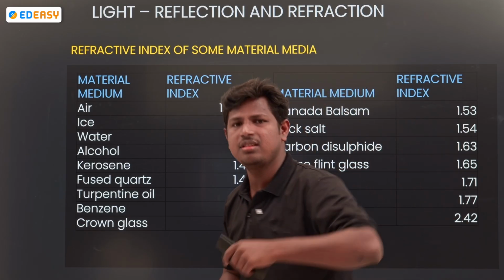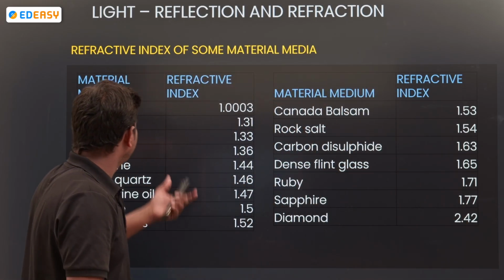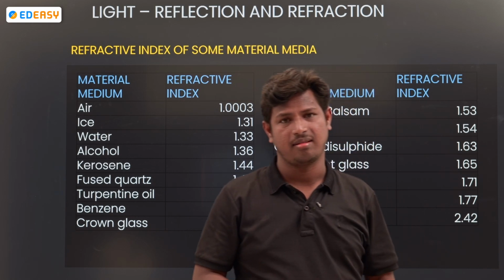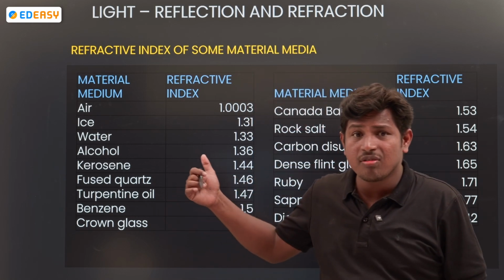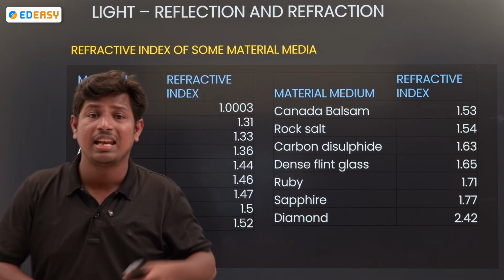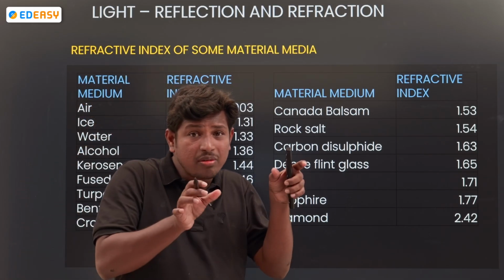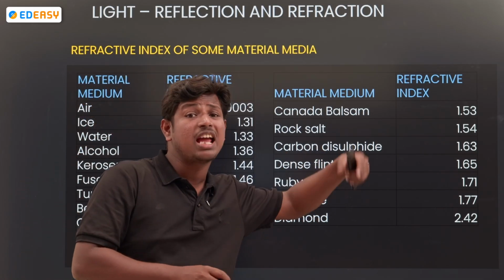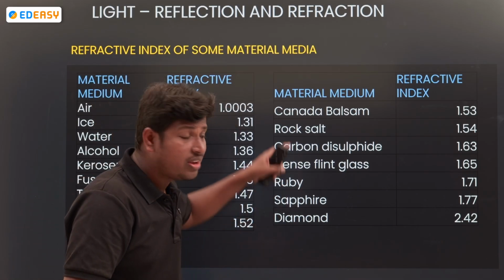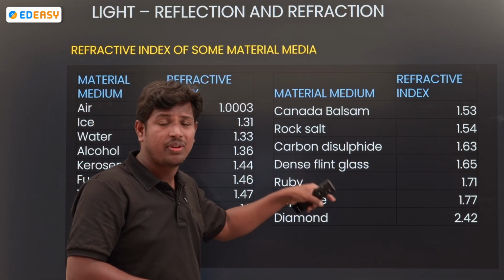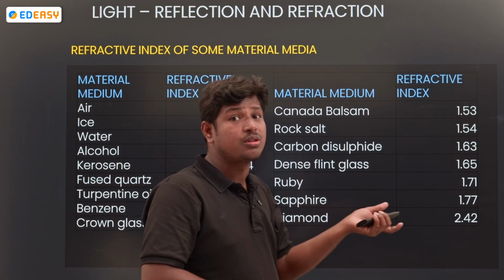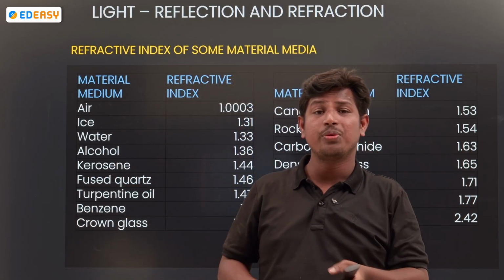And next, here the refractive indexes of a few materials are given. Which one has the greater refractive index and which has the lower? We have to observe these two because they will ask them many times in examinations. We cannot remember all, but in a classroom we can remember who is the topper and who is getting the least marks.